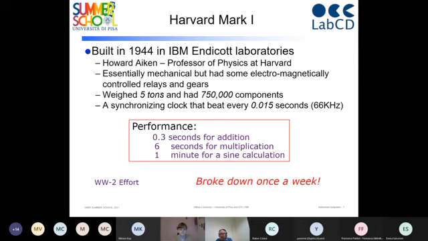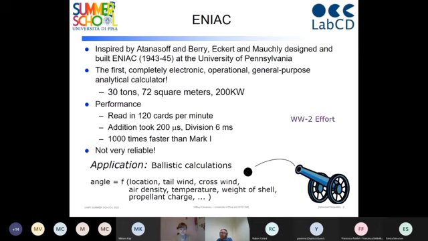Another example is this one. This one was actually used by the Navy to compute the ballistic calculations. I mean to compute how to orient the cannon in order to make a right shot. And this is a very complicated function.